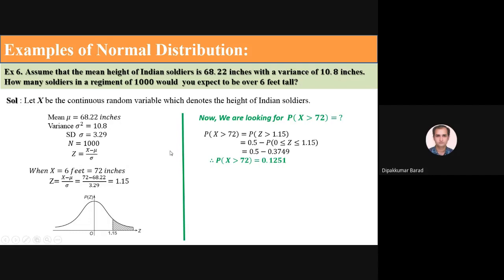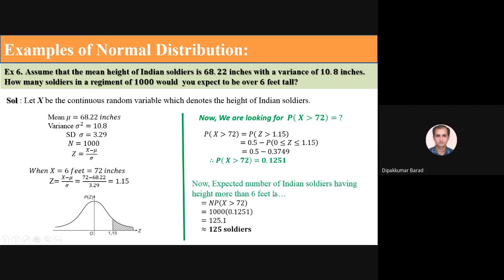So how many soldiers out of 1000? Now we have to multiply by capital N, 1000. The expected number of Indian soldiers having height more than 6 feet is N into the probability of x greater than 72, which we found for an individual.